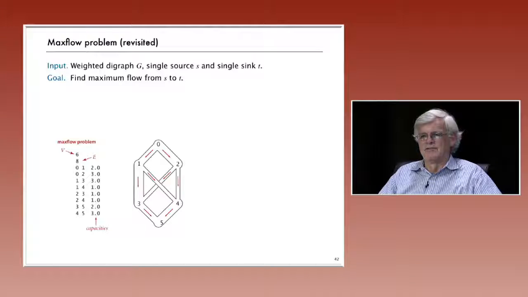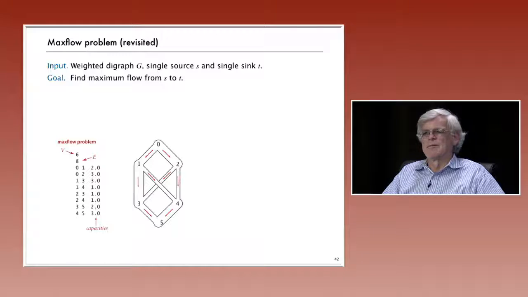And its input is a weighted digraph. And there's a source vertex S and a sink vertex T, and the weights indicate capacities, and what we're supposed to find out is what's the maximum flow from S to T.